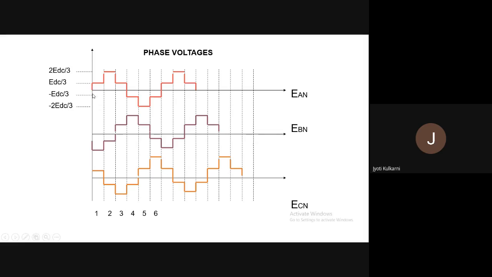So if A started at 0, B should start after 120 degree, and with respect to this point, C should start after 120 degree with respect to B. So here is the B start point. After two intervals, here B started. It means C is also 120 degree apart from B. So these are all the three phase voltages which we have seen in a three phase inverter.